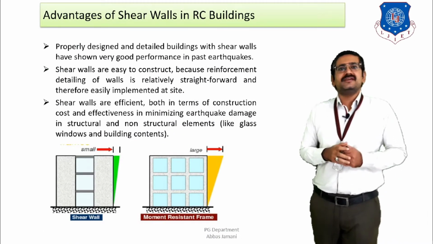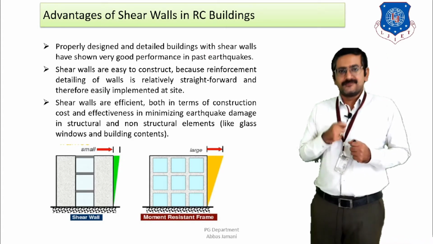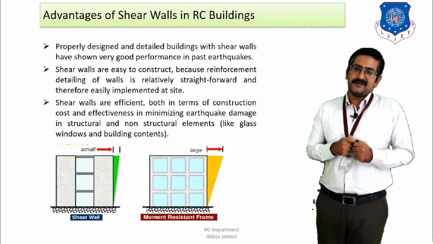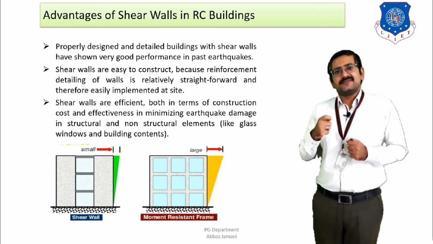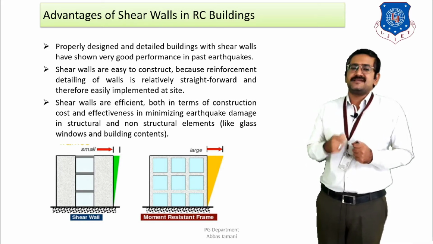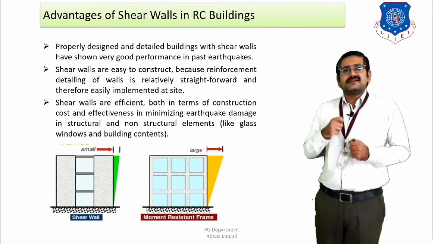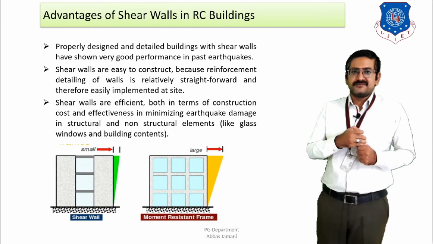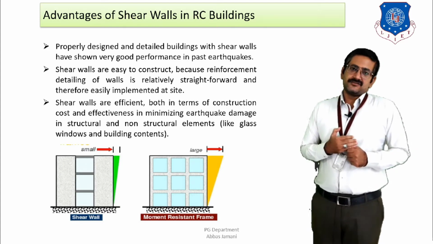Next we talk about the advantage. We have seen that this is an important component, right? But what is the advantage of providing this type of element in the building, or what is the purpose of introducing it? In case of masonry buildings, as we have seen earlier, the performance of the building was good or bad depending upon certain features introduced in it.